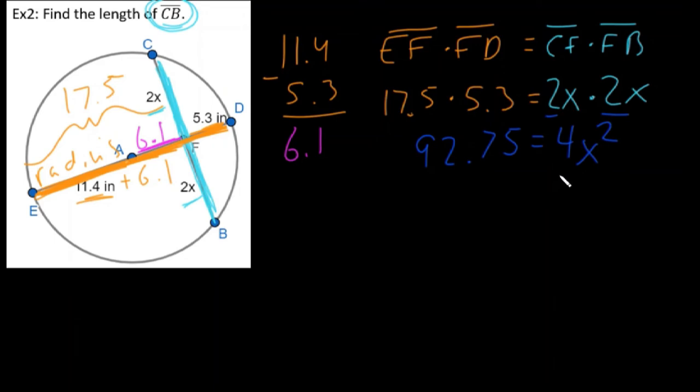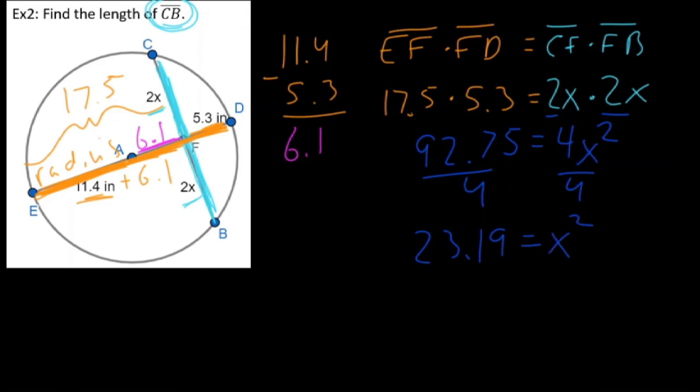And now we have a pretty straightforward method in solving this. We always want to get rid of our multiplication first before the exponent. So I'll divide both sides by 4, and I know that 92.75 divided by 4 would in fact give me 23.19. Now, of course, this would equal x squared.